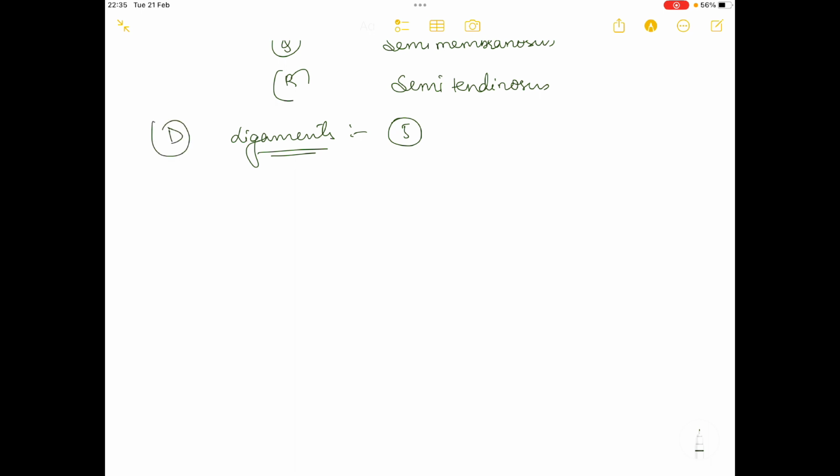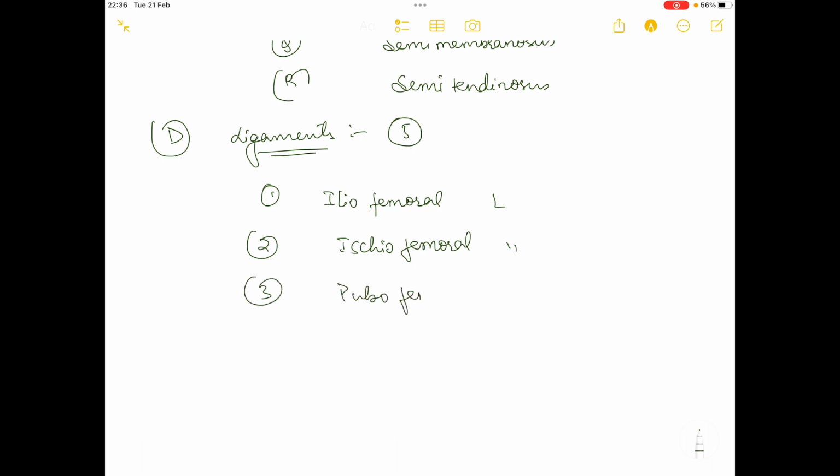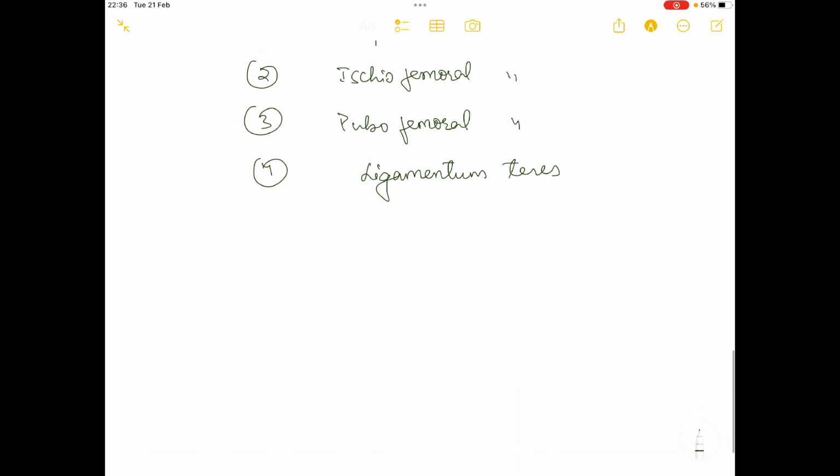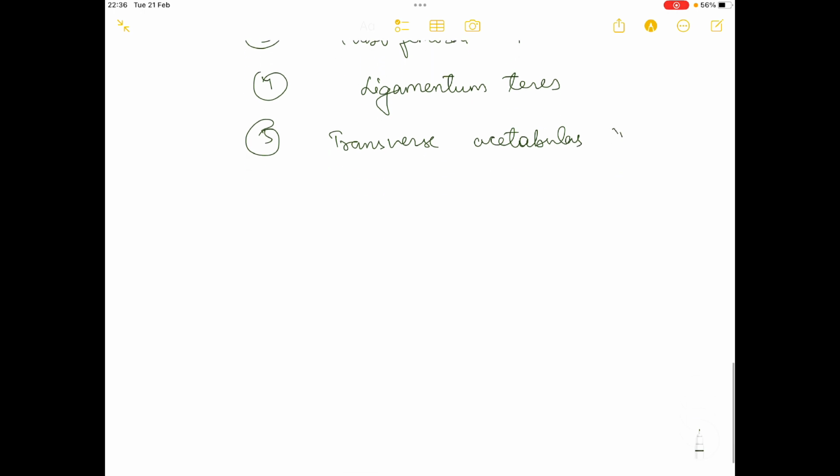The first is the iliofemoral ligament, second is the ischiofemoral ligament, third is the pubofemoral ligament, fourth is the ligamentum teres, and the last is the transverse acetabular ligament.